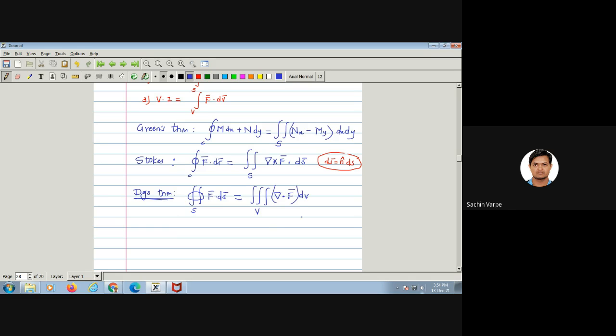Divergence of f bar. Yes or no? So here mainly the surface used for the Stokes theorem is an open surface, and the surface used for the divergence theorem is a closed surface. These are the important things.